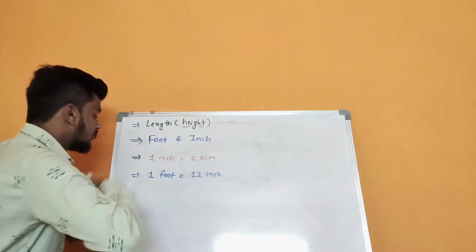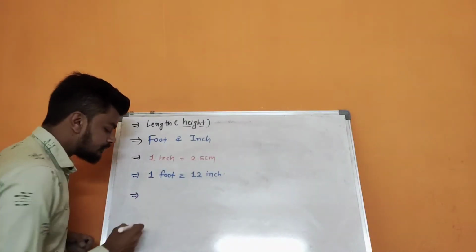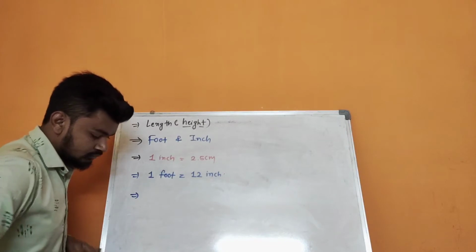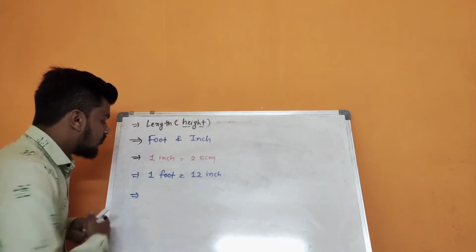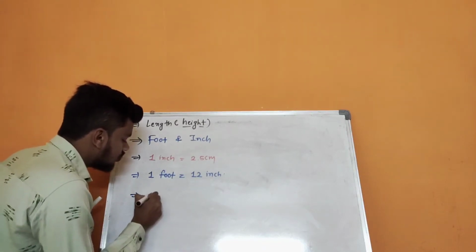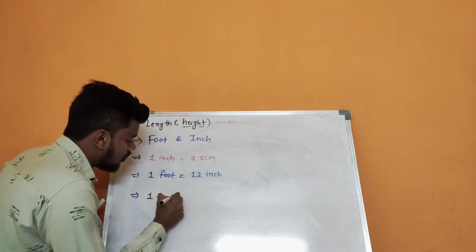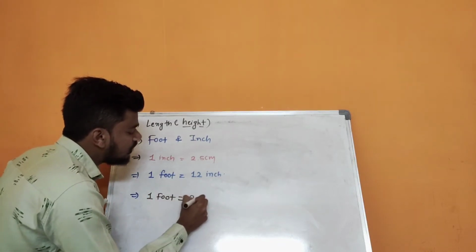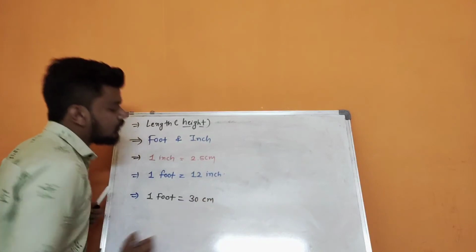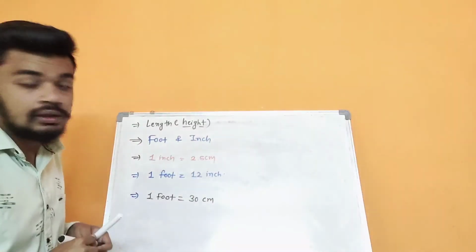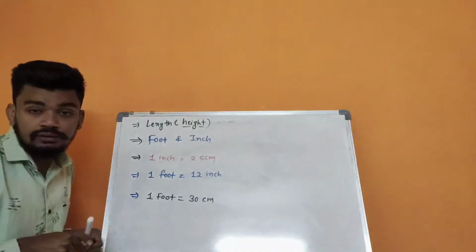So that means 1 foot is equal to 30 centimeter. Understood? 1 foot is equal to 30 centimeter.